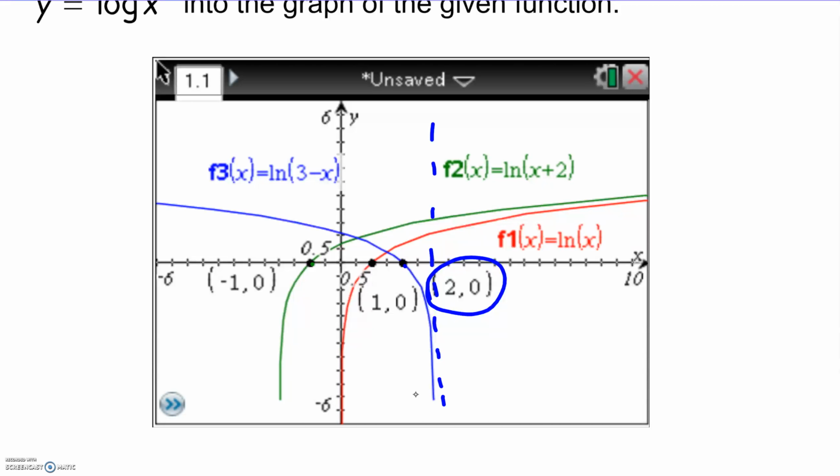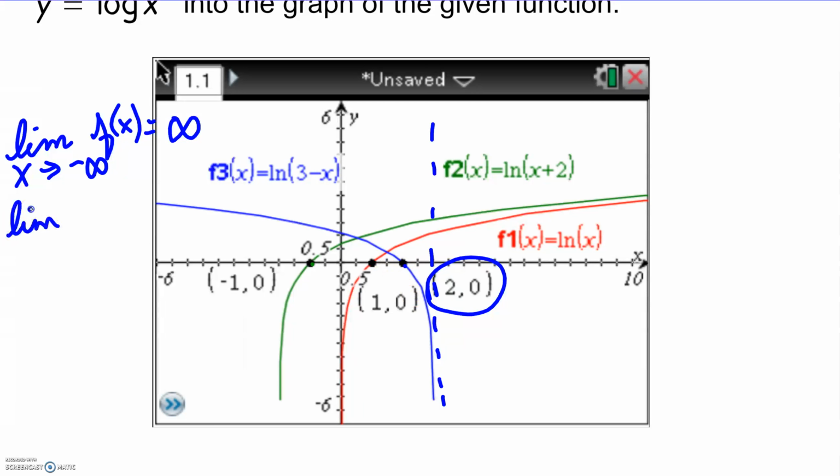For the end behavior, on the left, the limit as x approaches negative infinity of f of x is equal to infinity. But on the right, x is not approaching infinity, it's approaching 3 from the left-hand side. So we would say the limit as x approaches 3 from the left of f of x equals negative infinity. That would be your end behavior on that blue graph.